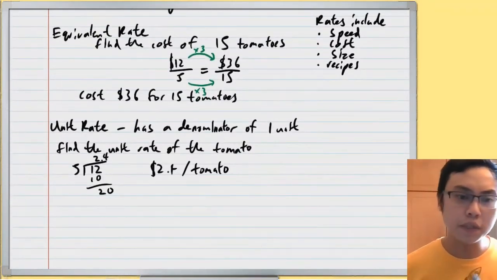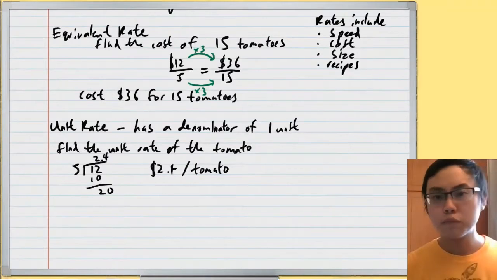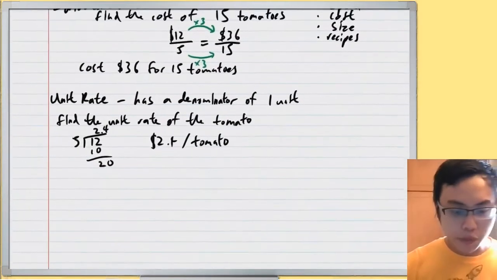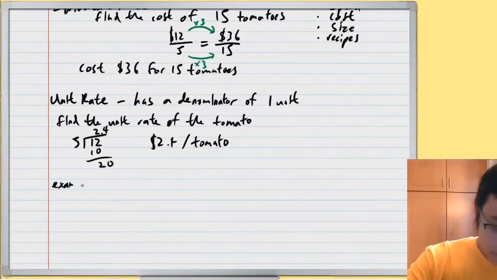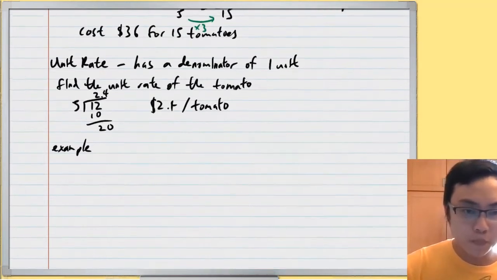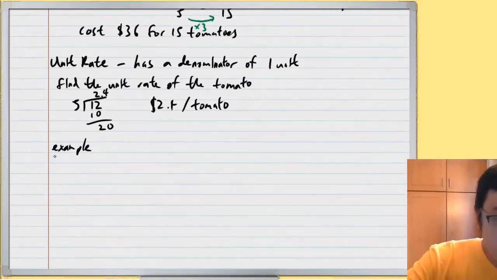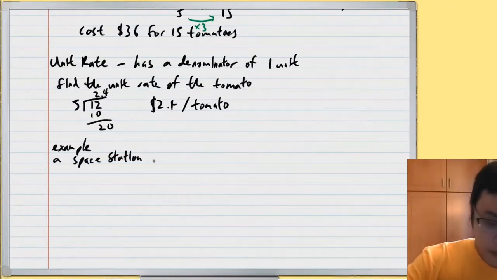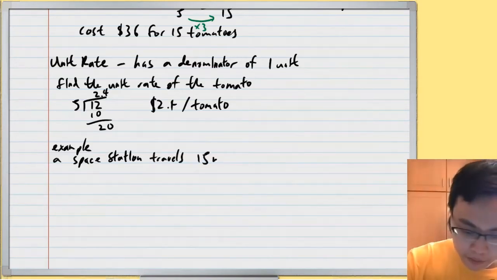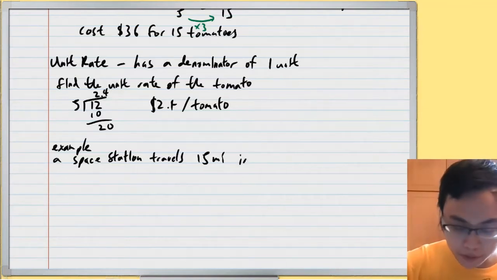So that's a unit rate. A unit rate is finding the rate for one single unit. So we have an example over here. Let's say a space station travels 15 miles in 3 seconds.